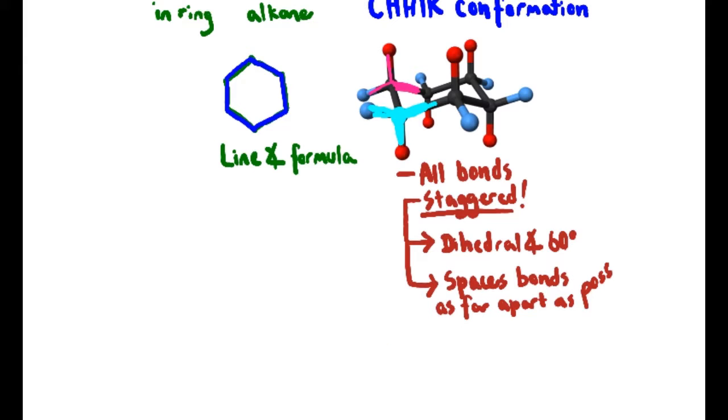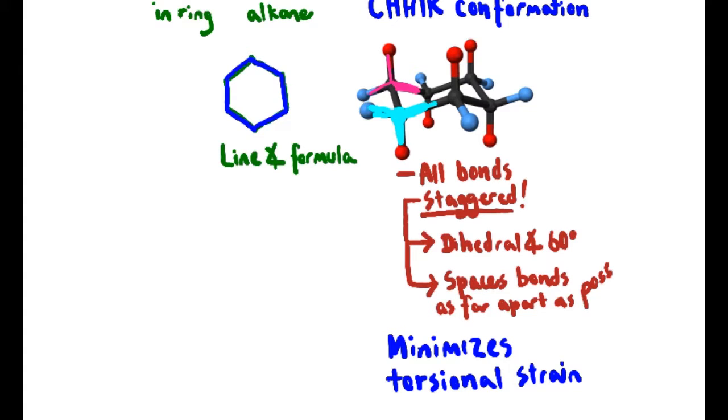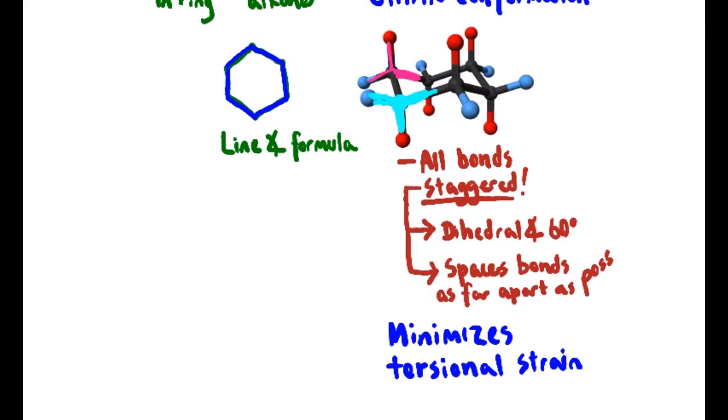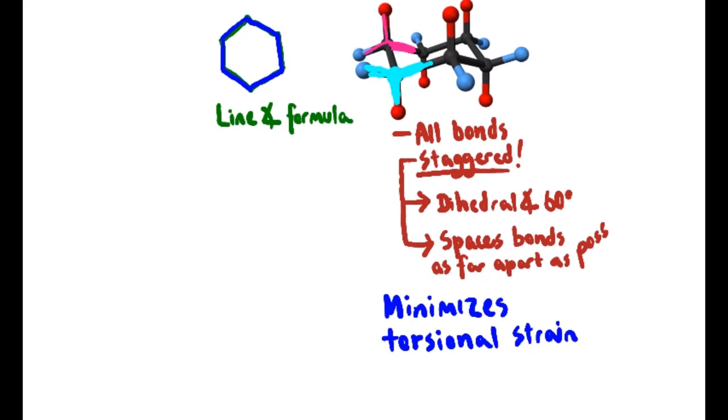we're going to minimize the torsional strain of the molecule. And when we refer to minimizing the torsional strain, what we're referring to is that we're minimizing the overlap between atoms, or the closeness of atoms, and we're also minimizing the overlap of electron orbitals that are unfavorable.